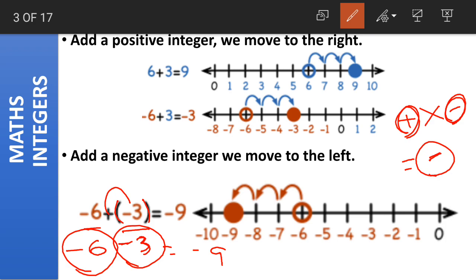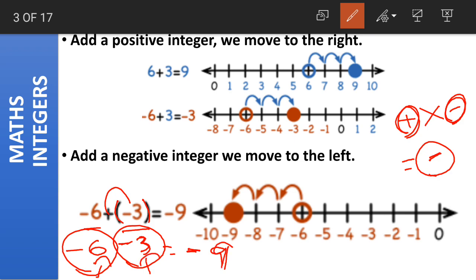So we can consider these two integers as positive integers even though they are negative. Forget about the signs here because both signs are the same. So we simply place the sign in the answer and then we add both the integers. 6 plus 3 gives us 9.